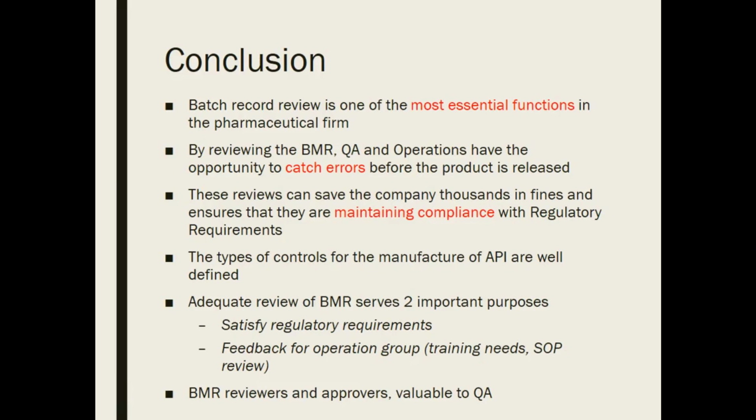So it minimises the chance of defective product leaving the site. These reviews can save the company thousands of pounds in fines, and by reviewing a BMR, you're ensuring constant and consistent compliance with regulatory requirements with respect to manufacture of API material.